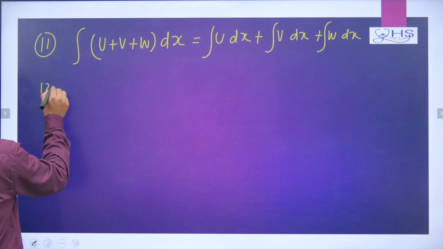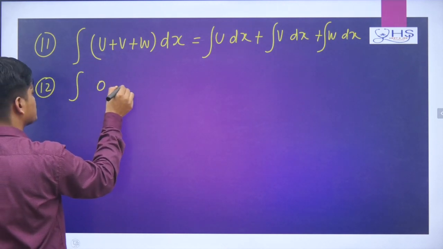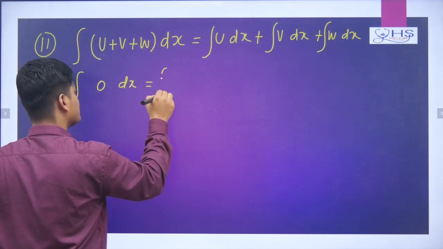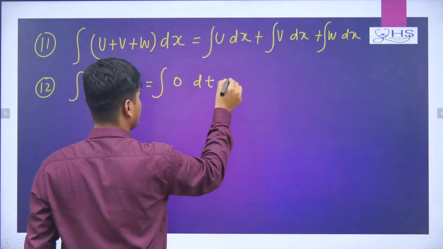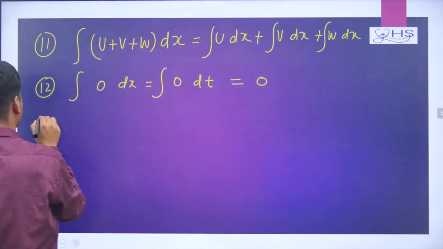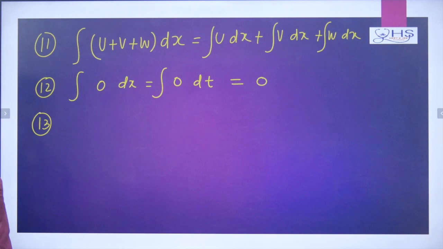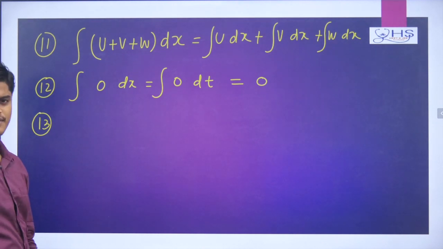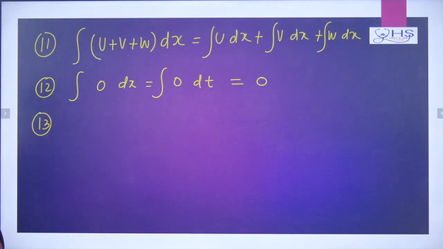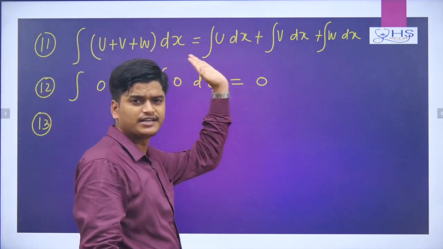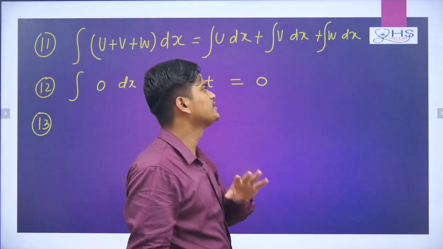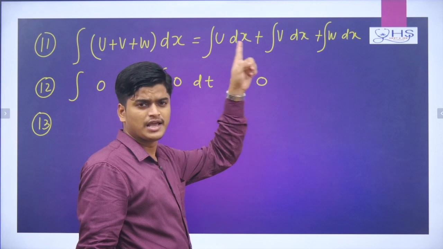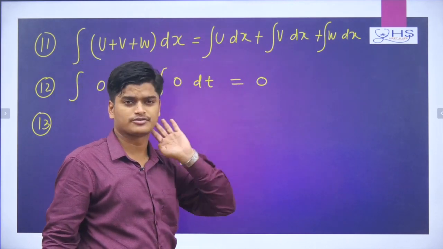Now suppose I ask what is the integration of 0 dx or 0 dt. If you are finding the integration of 0 dx or 0 dt, then it will be 0 only. So remember this. Now the 13th formula, remember. So this is the normal integration formula. If addition is there, you just split the integrations, do separate integration, and keep the addition symbol. If subtraction is there, you keep the subtraction symbol also.